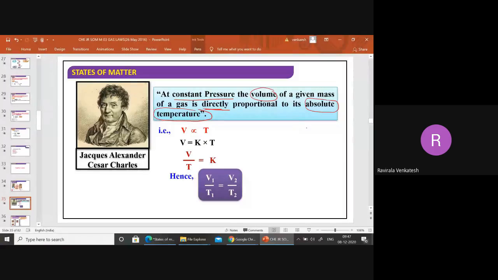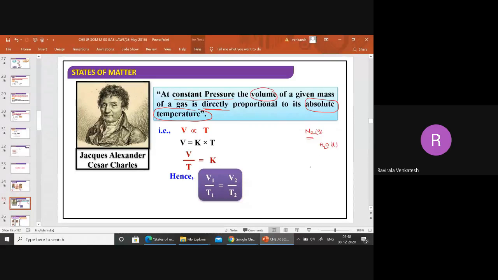Can anybody say what is the state of nitrogen at this temperature? Which state will it be? Gaseous, yes. H2O will be liquid.